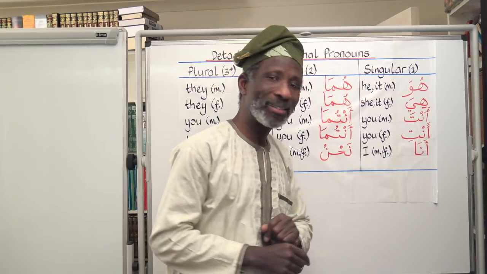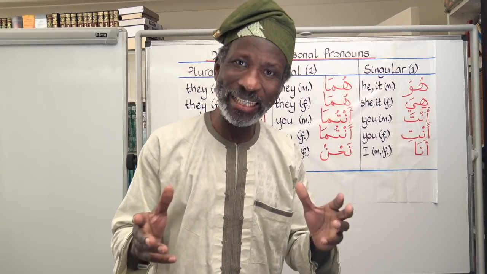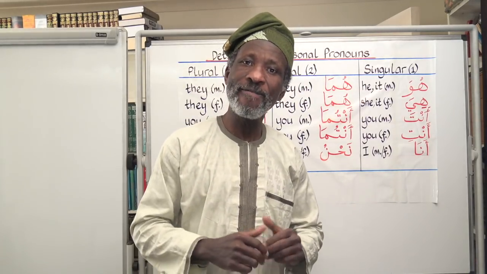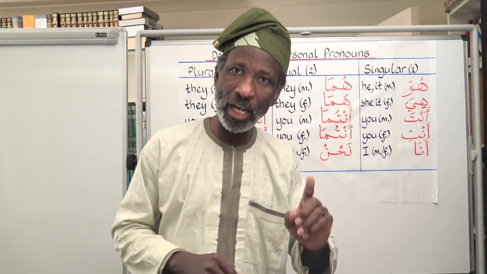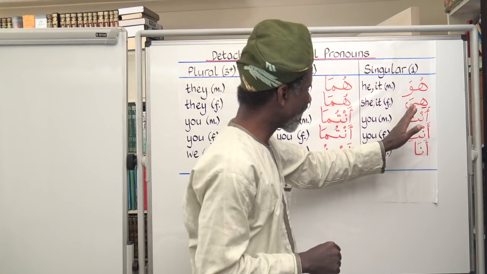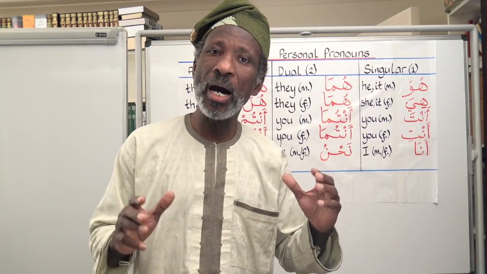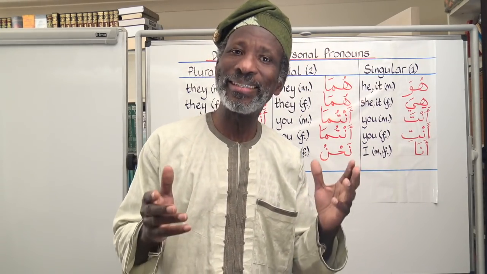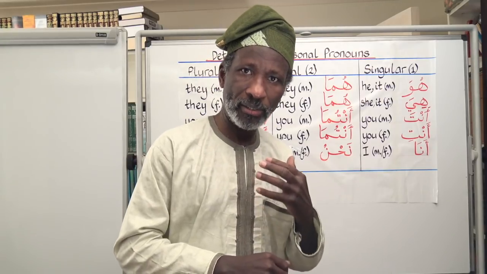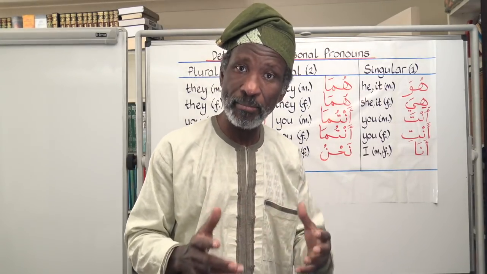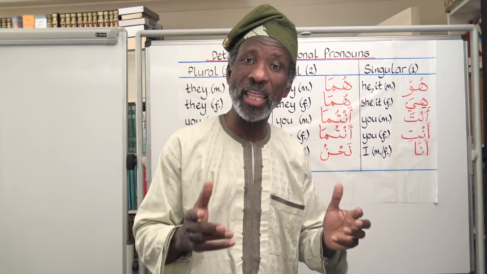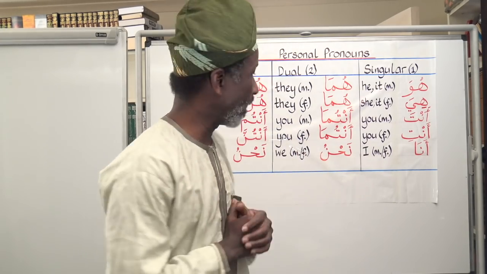Here, and that is she or it if you are referring to a feminine object. So huwa is for singular masculine, and here is for feminine singular. So singular in Arabic is called al-mufrad. Al-mudhakkar meaning masculine, al-mu'annath means feminine.